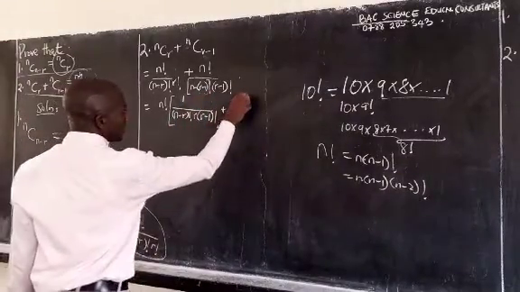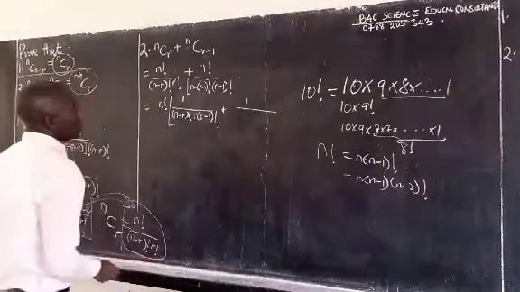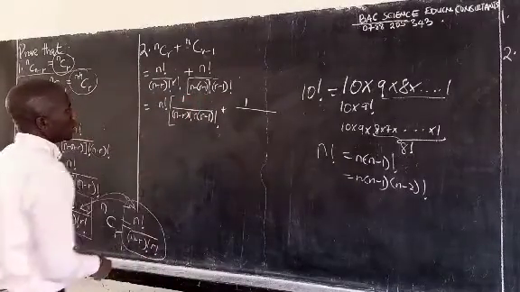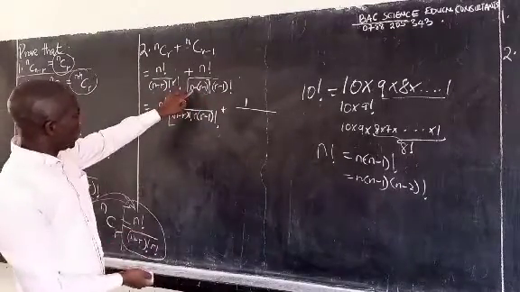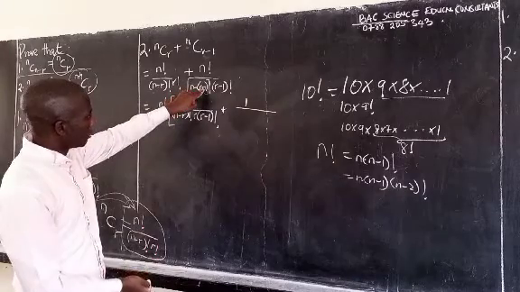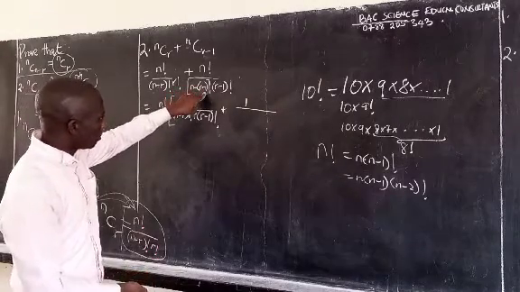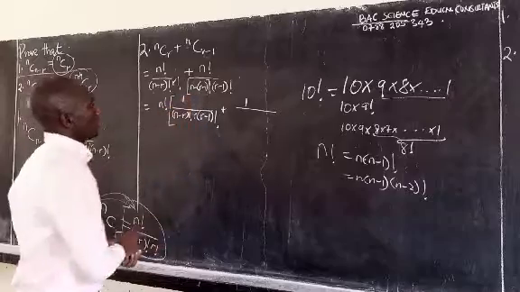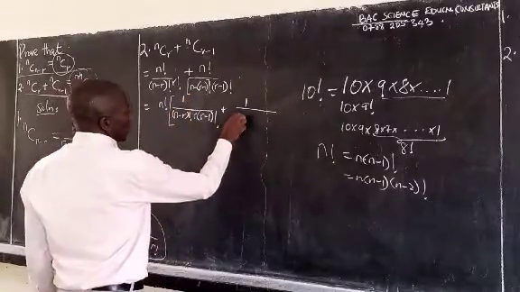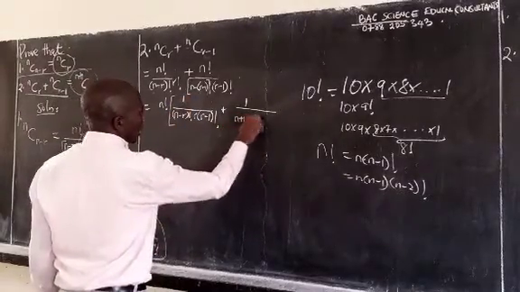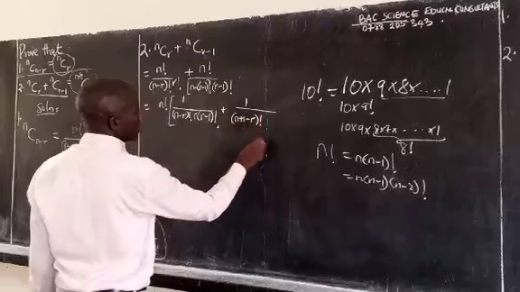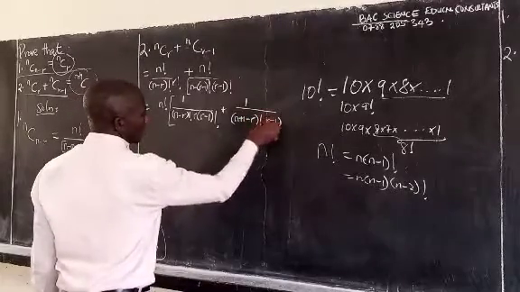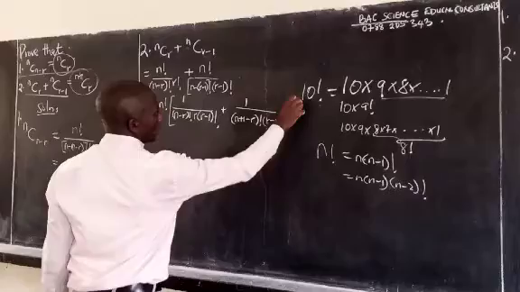Then plus 1 out of, when you expand this one very well, it will be n, this one will be plus. So it will be n plus 1, then minus r. So that will be n plus 1 minus r factorial, then r minus 1 factorial.